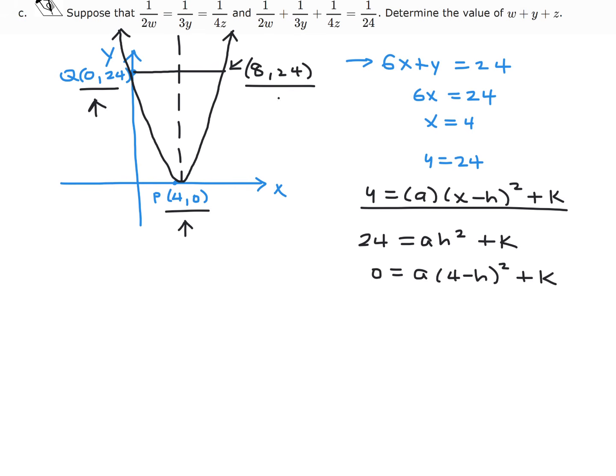And then this guy, oh, hold on here. What am I doing? Yeah, that one is going to be y is 24 is equal to a times h minus 8 squared plus k.